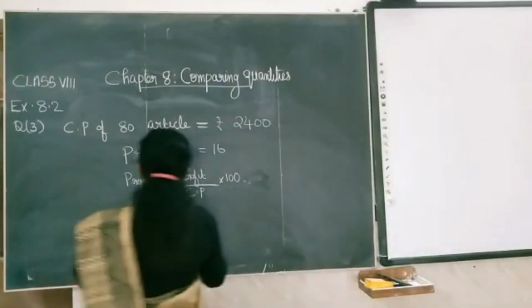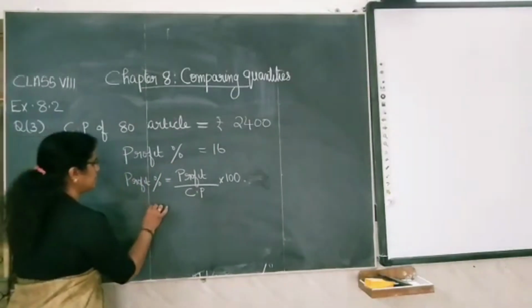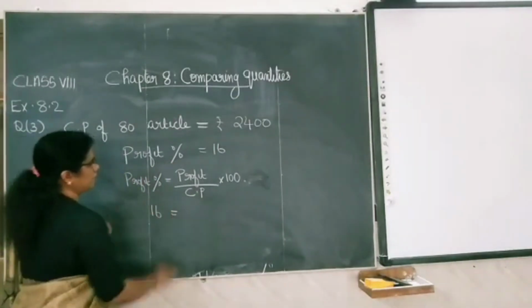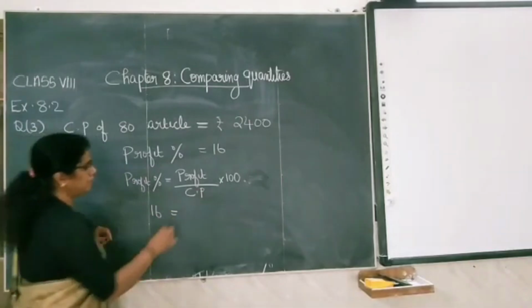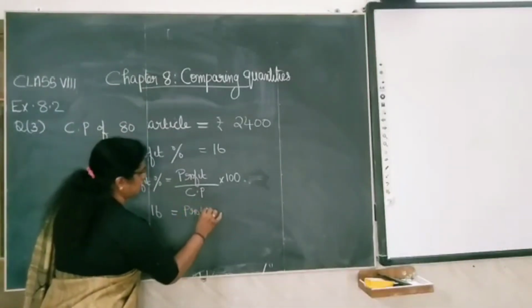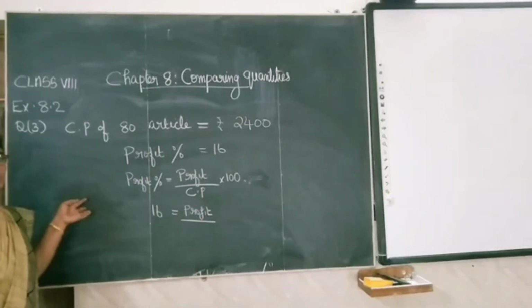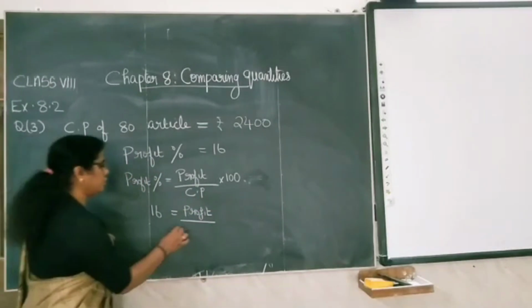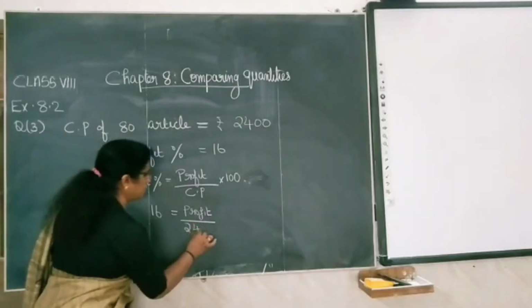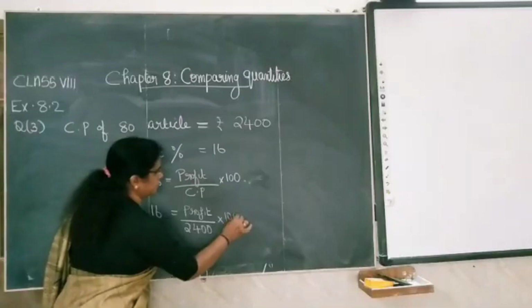So you can write 16 equal to, now profit we don't know, so write as profit, divided by cost price. Cost price is rupees 2,400. Then multiplied by 100.